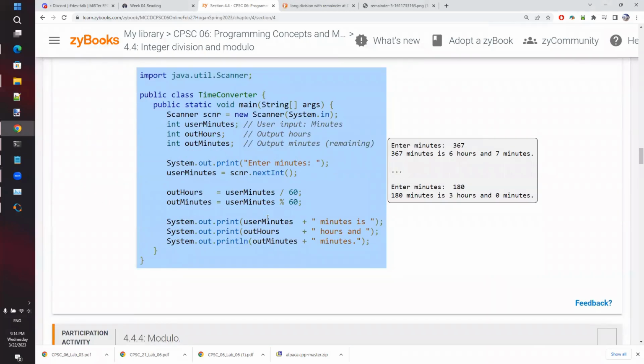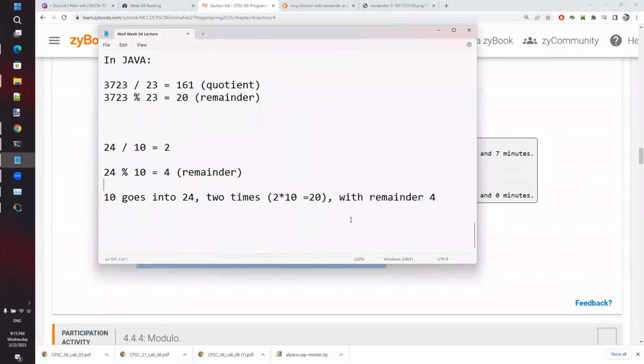Okay. Now, the thing that they use it for is very useful, but a little bit confusing.